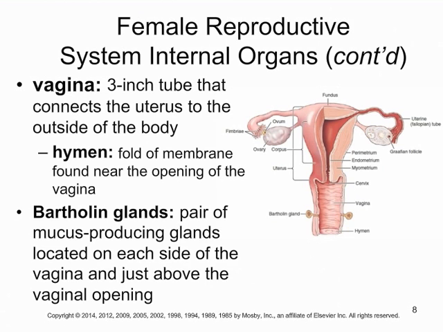Below the uterus, underneath the cervix area, is the vagina. It's about a 3-inch tube whose job is to connect the uterus to the outside of the body. There is a small membranous fold near the opening of the vagina called the hymen. That's something that every individual female has.